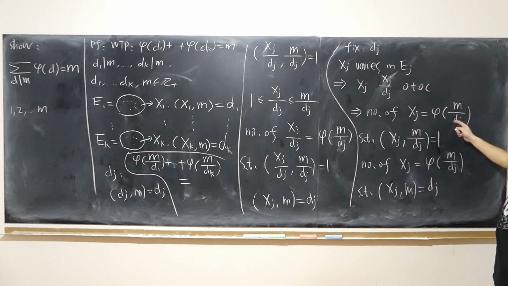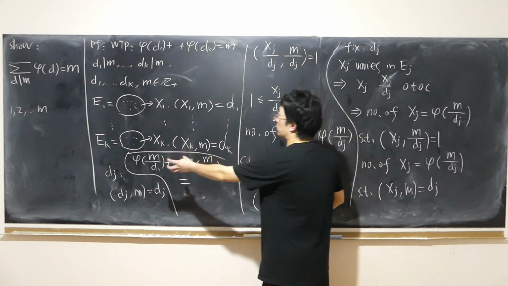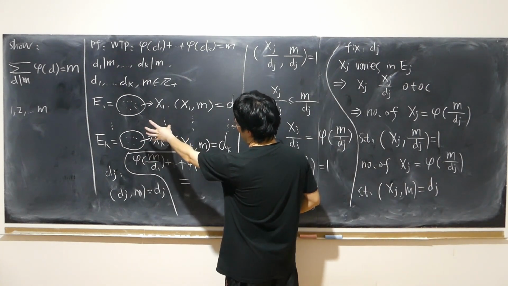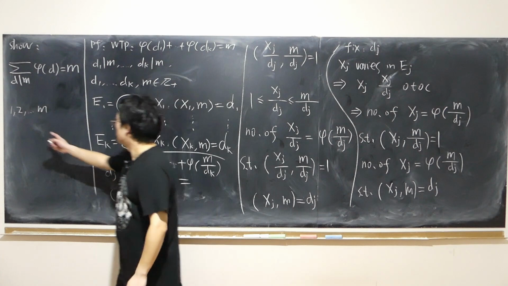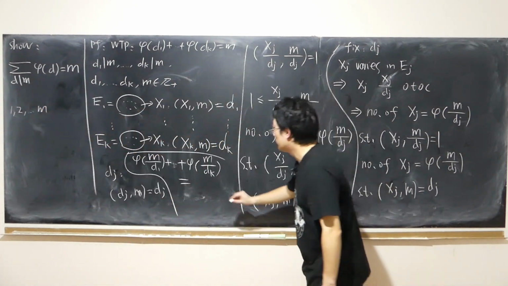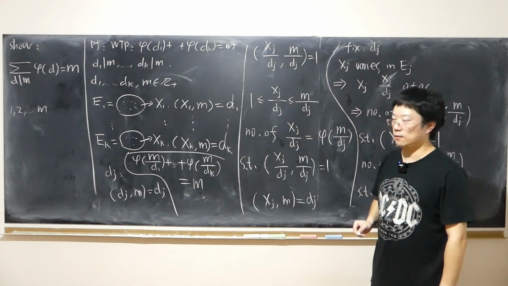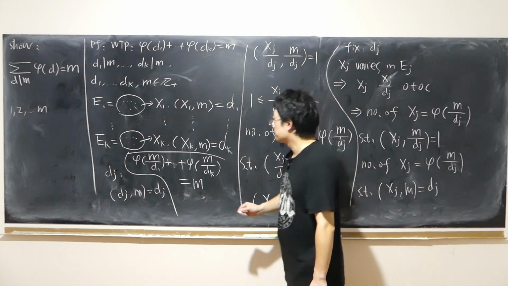Phi of m over d2 is equal to the number of elements in E2. So the number of elements in E1, E2, all the way up to Ek, they add up to how many of them? 1, 2, 3, m many of them in total. And I'm done.